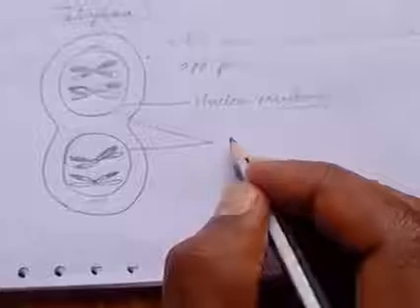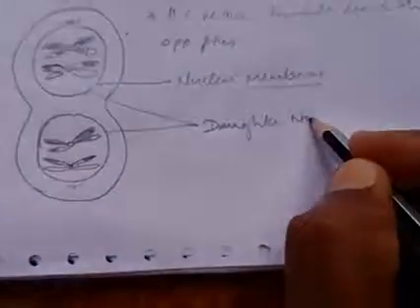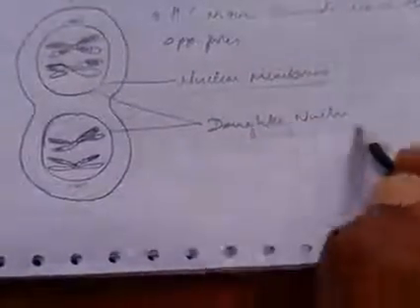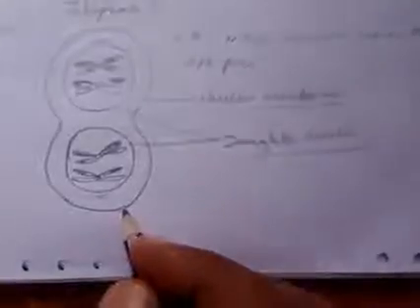This is where the daughter nuclei are formed here, right? So this is the change we observed here. That is a very important thing.